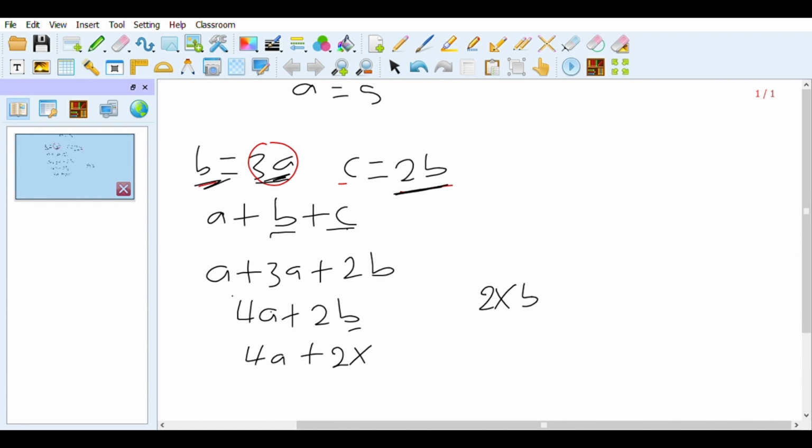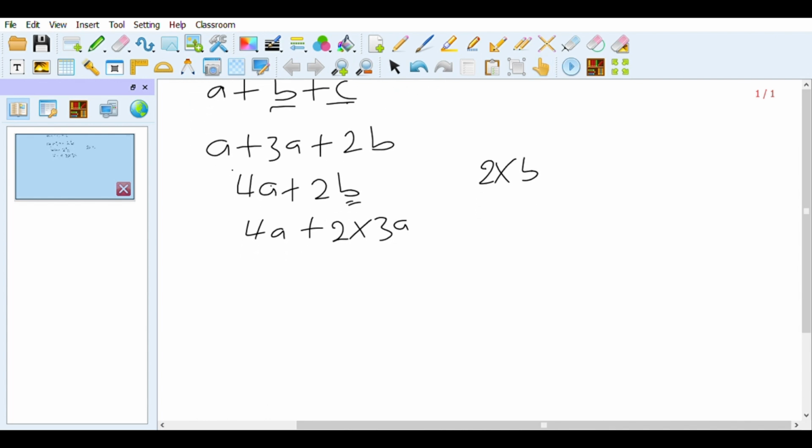So we have 2 times b, and b means 3a. So we have 2 times 3a. Okay, so we have 4a plus 2 times 3a, which is 6a. Now we have 4 plus 6, that gives us 10a. So if we substitute those values, we're going to come up with 10a.